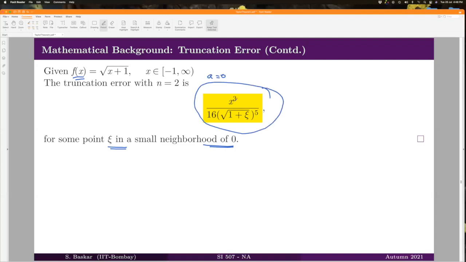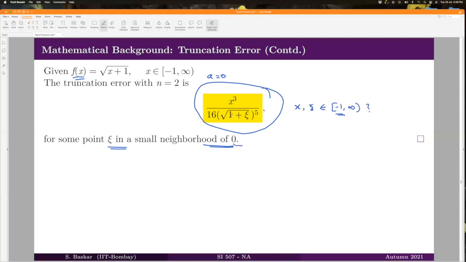Otherwise, you would have had x minus a, the whole cube, here. Going back to our question, can we find a bound for this function if x and xi belong to minus 1 comma infinity? That is the question.